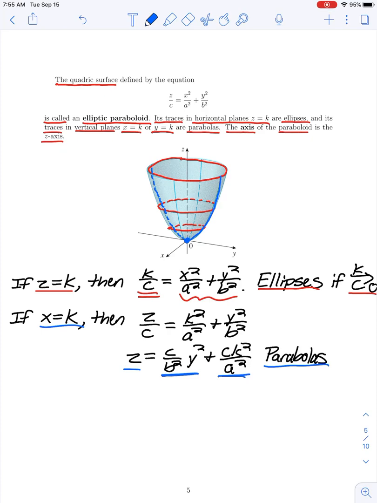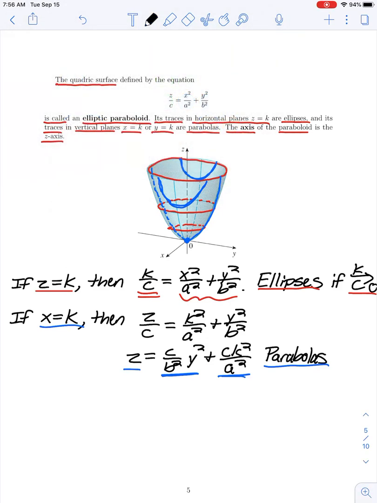And if I take different values of k, so if I move forward or backward from that yz plane, I still get parabolas, but the vertex of my parabola might shift upward. So we would have these different parabolas depending on what we choose for k.